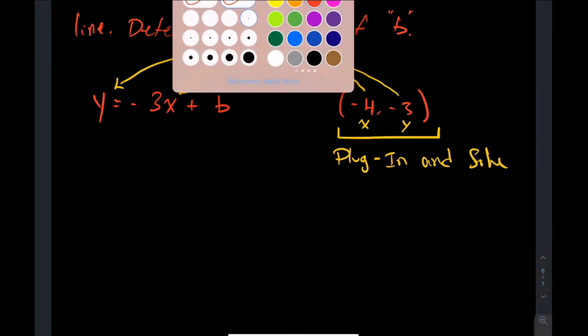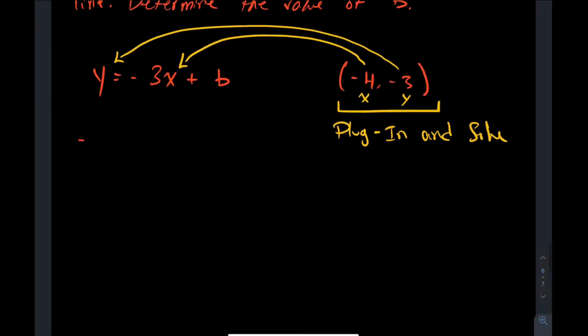We have negative 3 equals negative 3 times negative 4 plus b. So you see how we went from something that had 3 unknowns to something that only has 1 unknown. So this is solvable, right? Negative 3 equals, what's negative 3 times negative 4? It's positive 12 plus b.